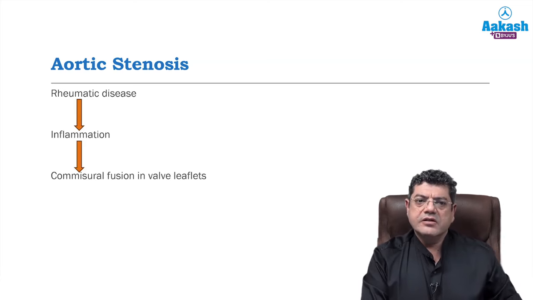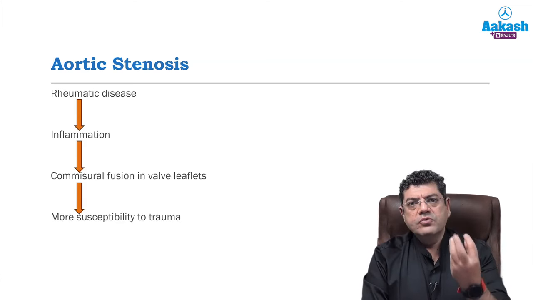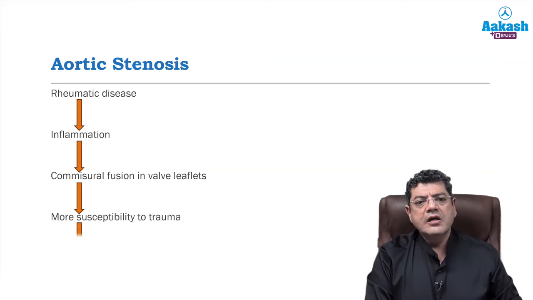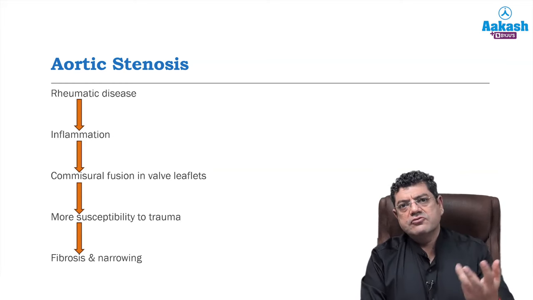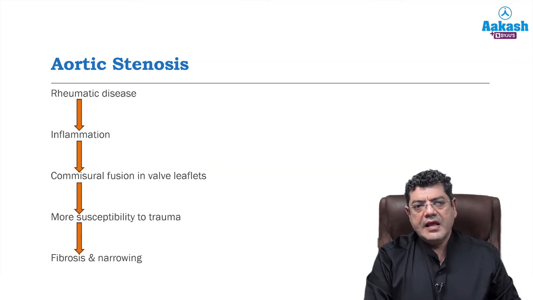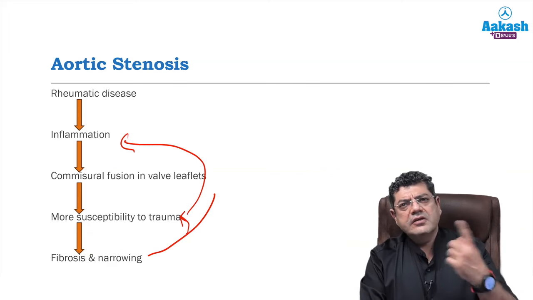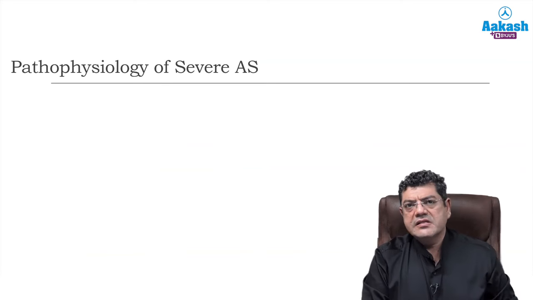The structures get distorted, the commissures get fused, and the distorted, deformed valve becomes more susceptible to trauma, which eventually leads to fibrosis and narrowing. And then this fibrosis and narrowing allows greater susceptibility to trauma, and then trauma itself causes more inflammation, and the vicious cycle perpetuates itself.